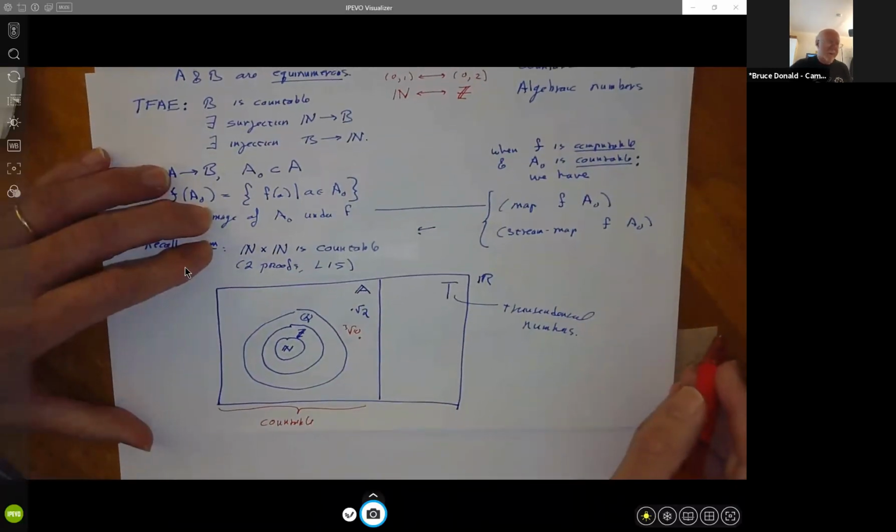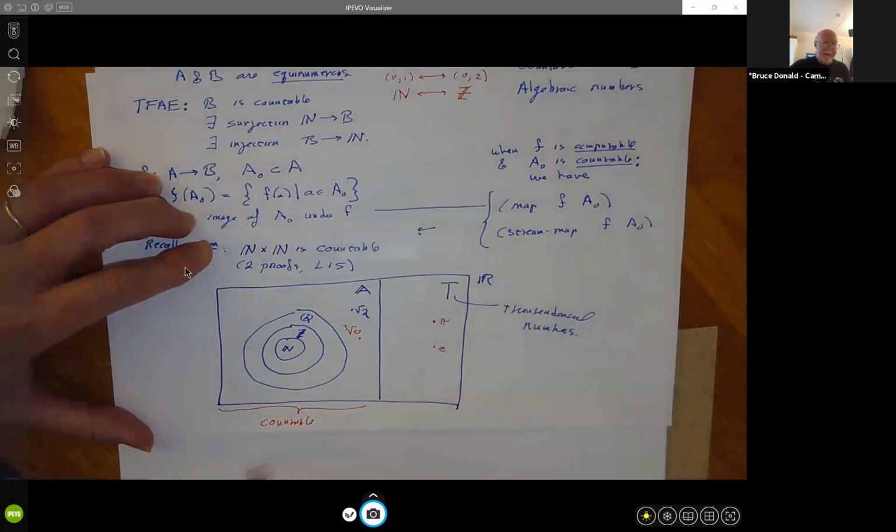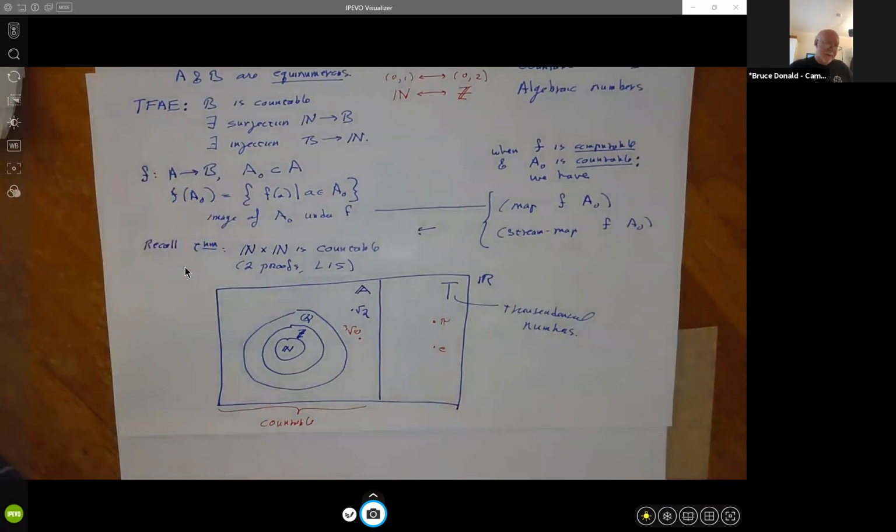Now, what are those strange transcendental numbers? What are they like? Well, you know one of them, pi, and you know another one called e. You might know some others from the gamma function. But the strangest thing is that while you would have no trouble, if I said you're going to get an A on the exam, you could spend an hour just enumerating algebraic numbers, you just write down polynomials and their roots.